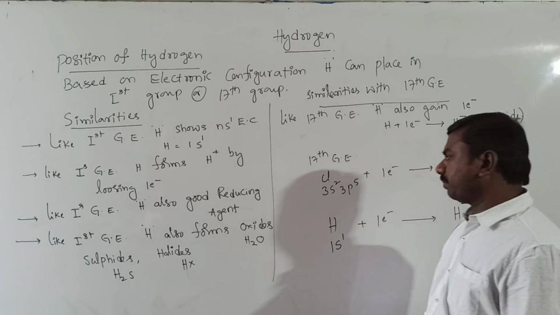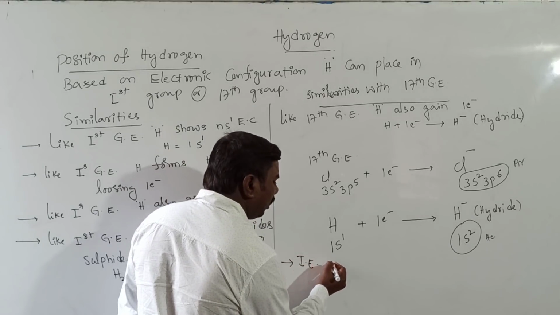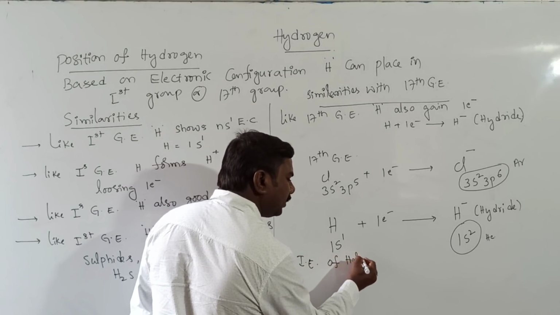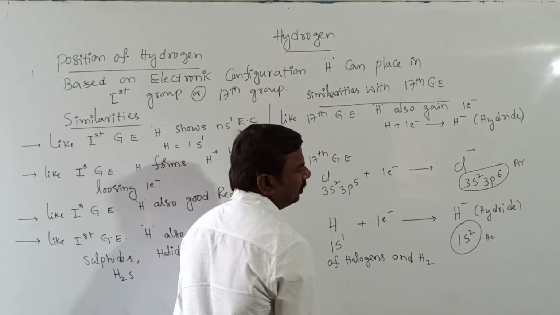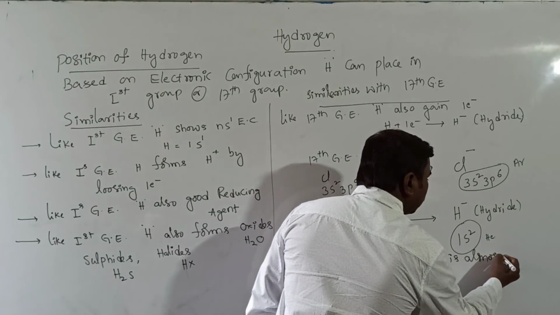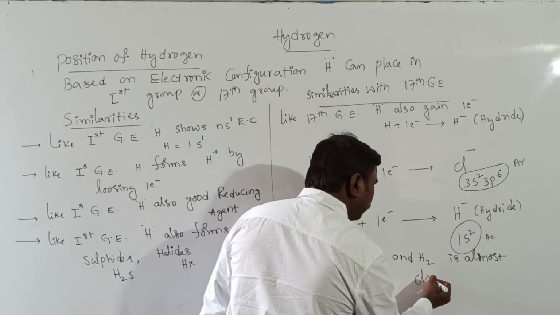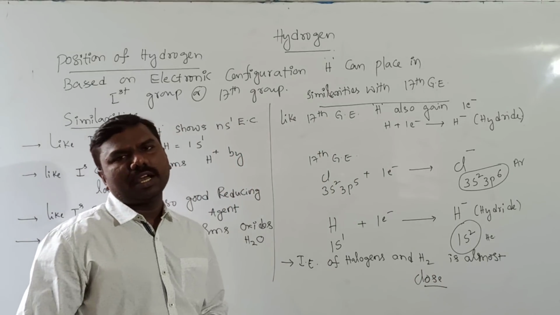Next point is ionization enthalpies of halogens and hydrogen is almost close. It means very close ionization enthalpies we can observe.